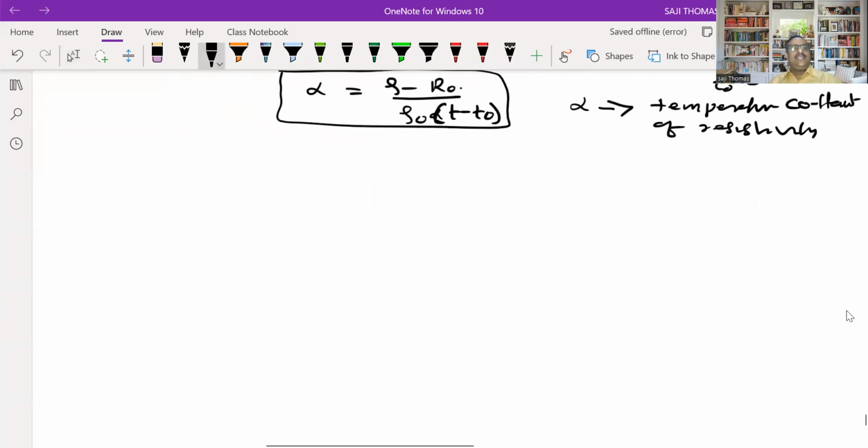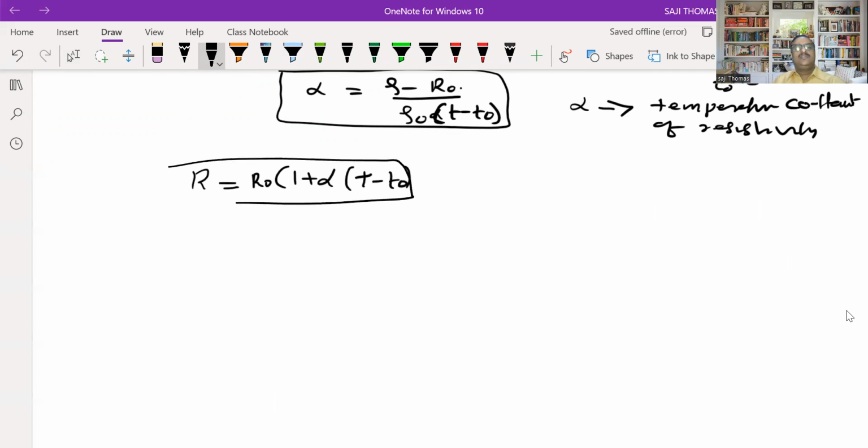We can write the equation for resistance also in a similar way. R equals R0 into 1 plus alpha into T minus T0. So resistivity or resistance of metals increases with increase of temperature.